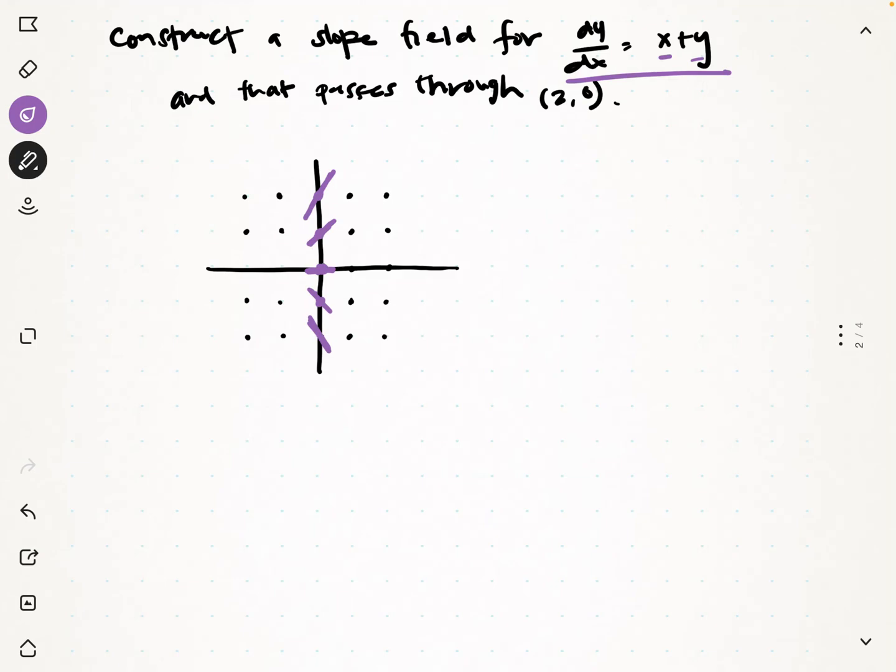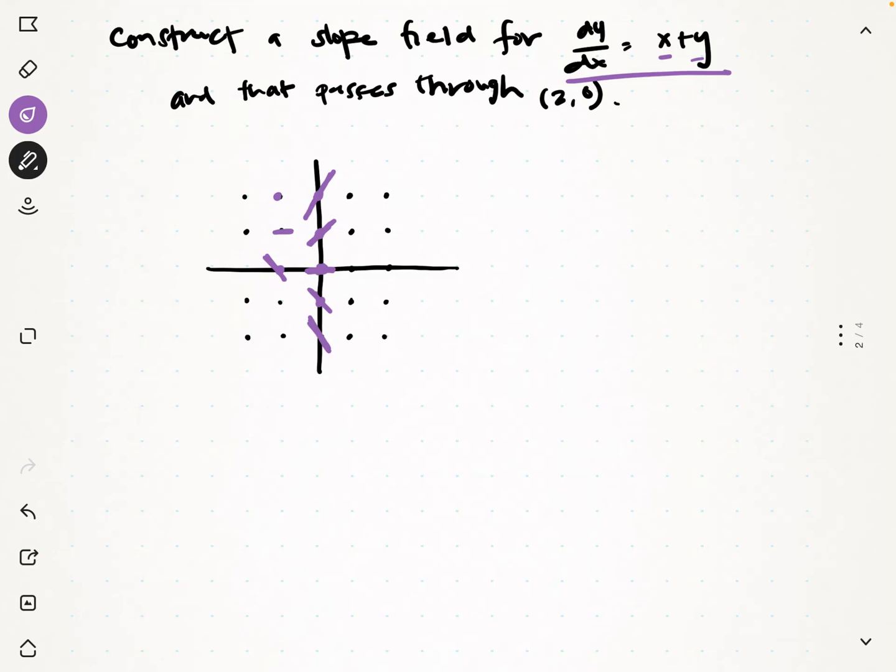So let's do the negative side first. This is going to be negative 1, 0, which is negative 1. This is going to be negative 1, 1, which is 0, sorry. This point here is going to be negative 1, 2.